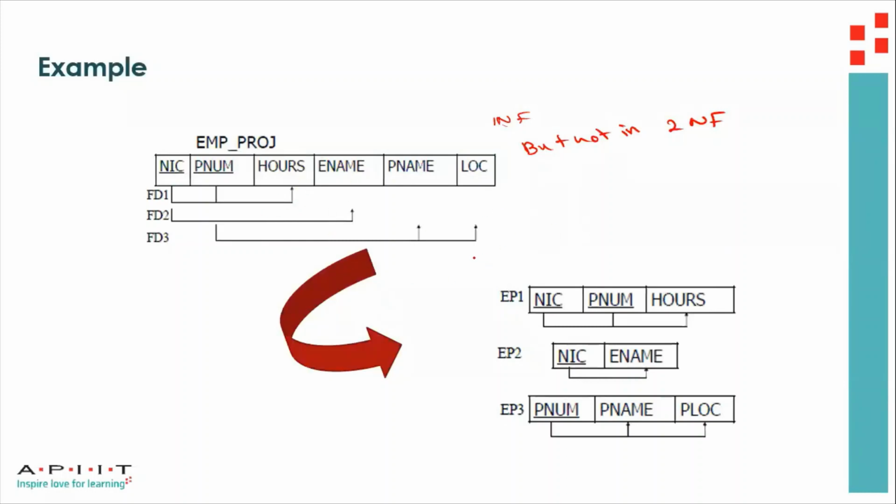So if we make it a 2NF relation, we would get a separate table called employee. We need a separate table called employee. For that, we could have the NIC, that's the primary key, and then e-name.